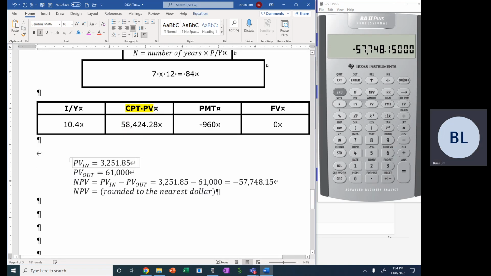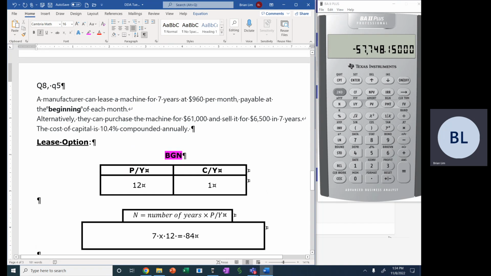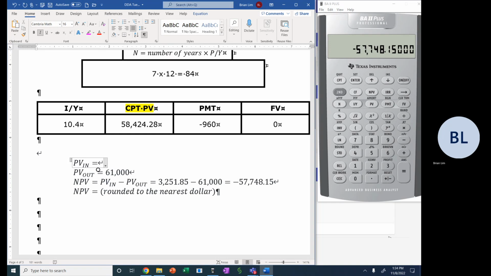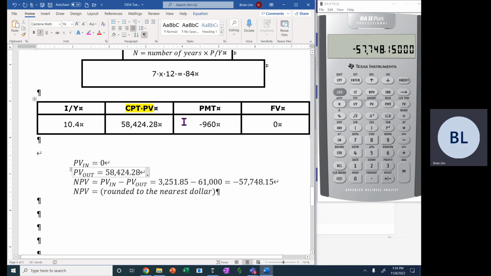All right, so what is happening here? Well, this, the lease option, we're paying all the time. So the in value is 0. And the out value is that number we see right up there. The 51,000, no, sorry, $58,424.28.